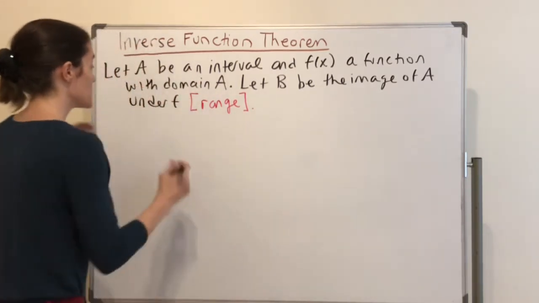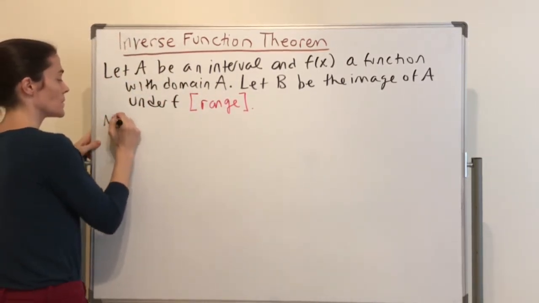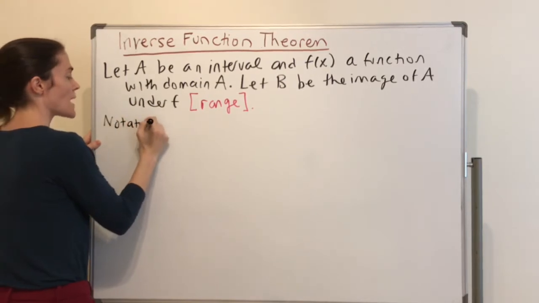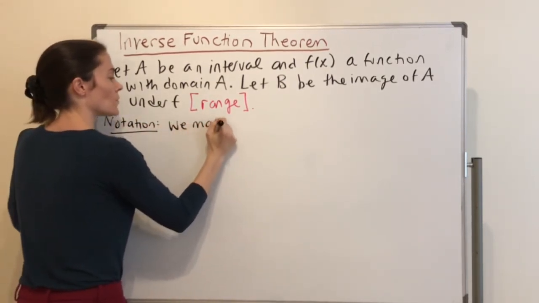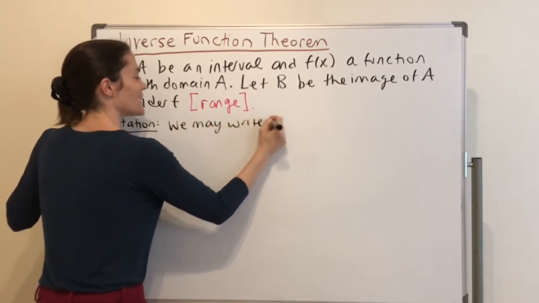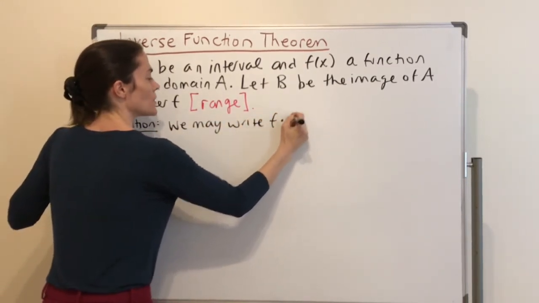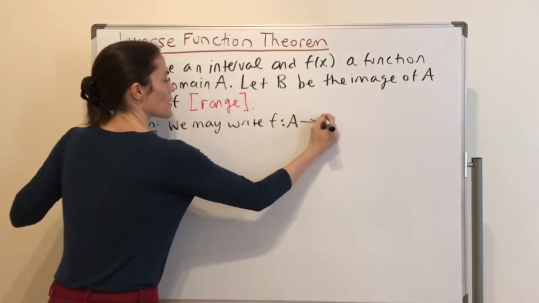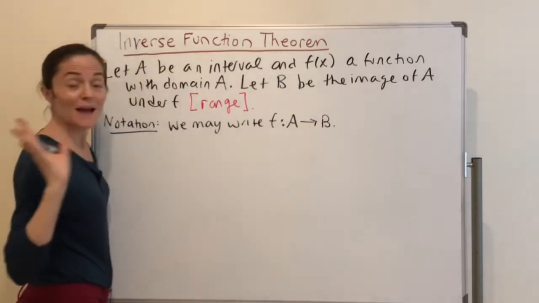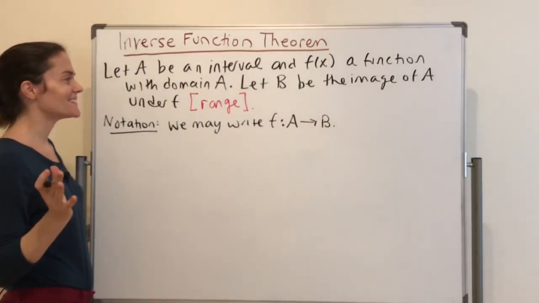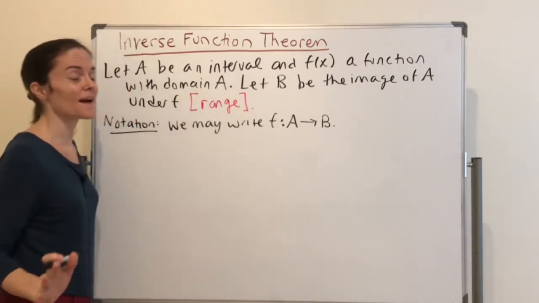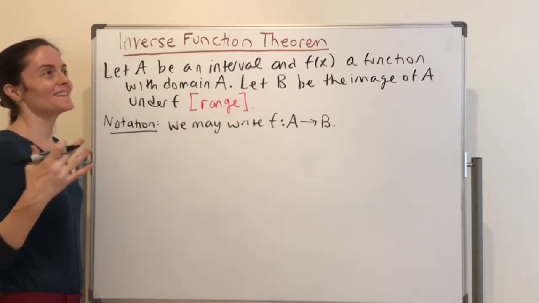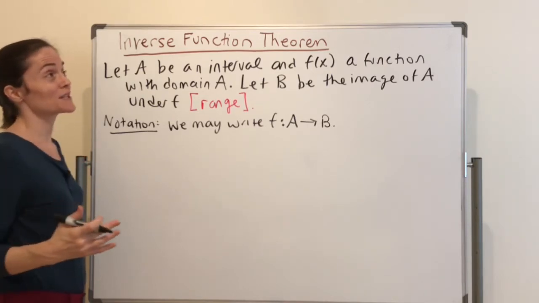And then some notation: we may write f, A, and then this arrow, B. Now I will say, I'm just stating this in a way we can use it for the inverse function theorem.